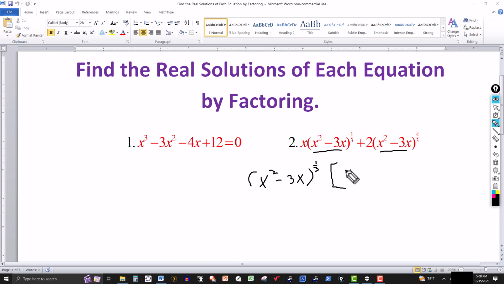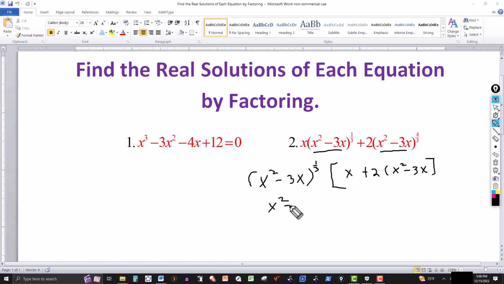Taking it out of the first term, this will just give me a plus 2. And taking out the 1/3 power from x squared minus 3x to the 4/3, that leaves me with x squared minus 3x to the 3/3. That's an exponent of 1, so this would just be x squared minus 3x.